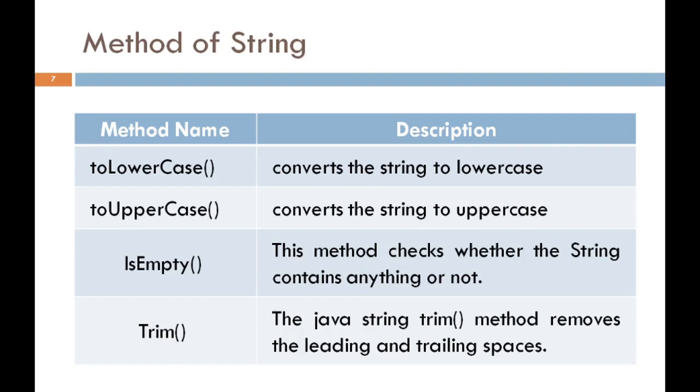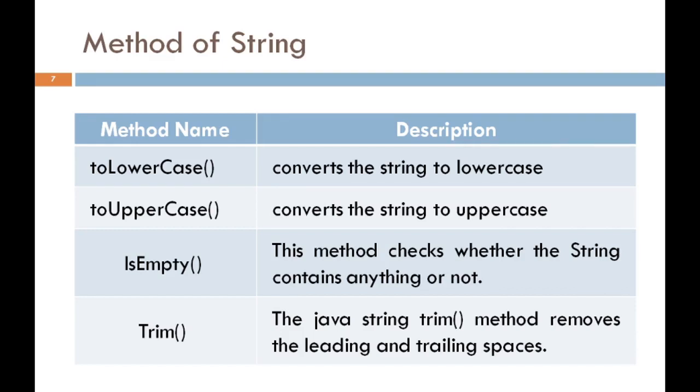Why? Because the value of str1 is empty. And for str2, if we check isEmpty, it returns false. Why? Because str2 has the value "hello". So the isEmpty method is used for checking whether the value of a string is present or not.